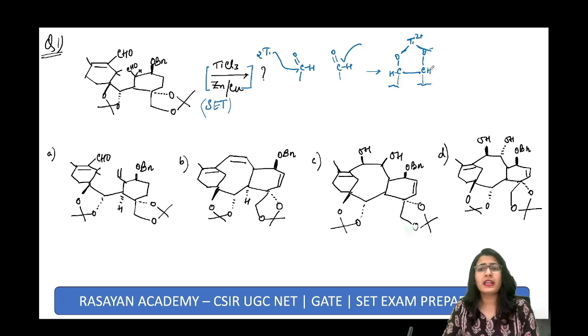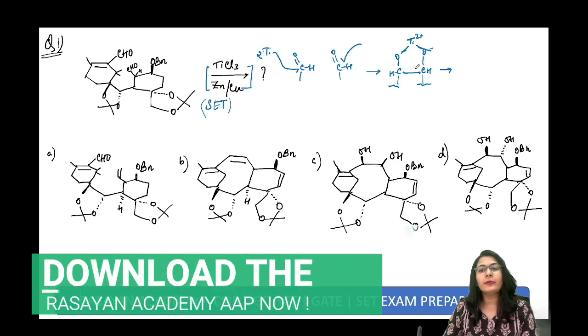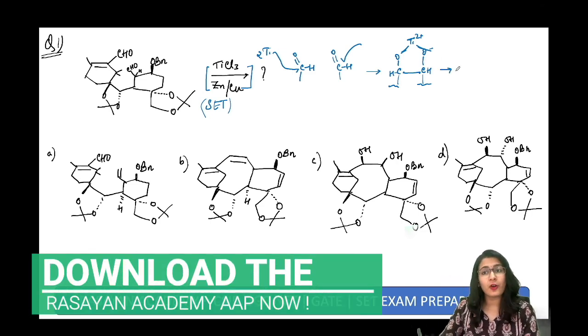Now what happens is, this is like a pinacol formation because we form the pinacol in the same way, but instead of titanium we provide magnesium. All right, but here what does the titanium do? It not only provides this kind of electron, it also takes away the oxygen.